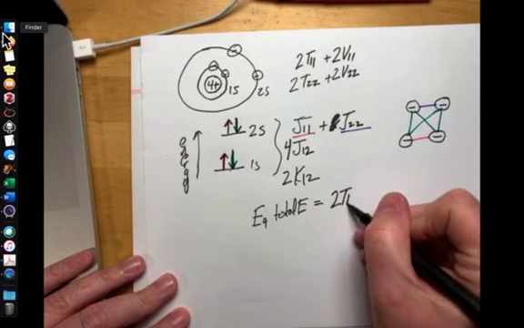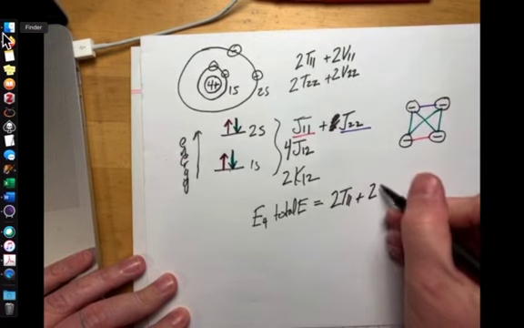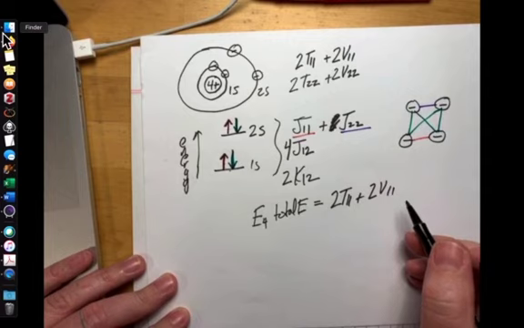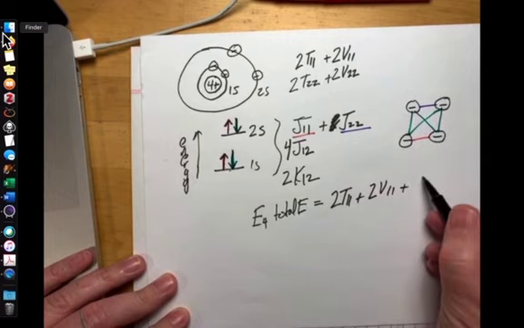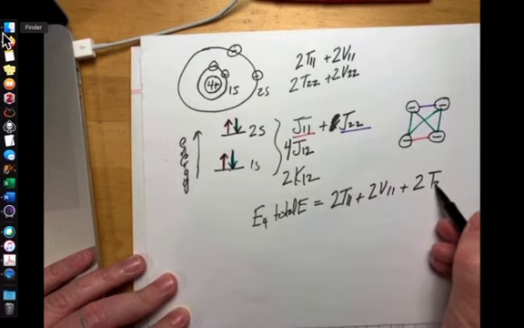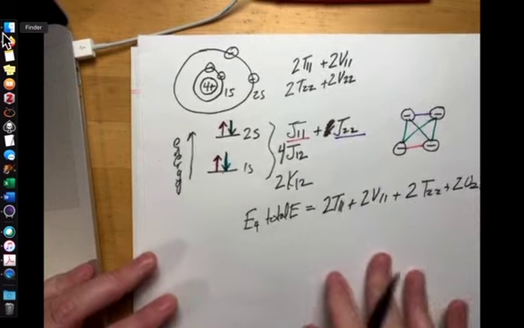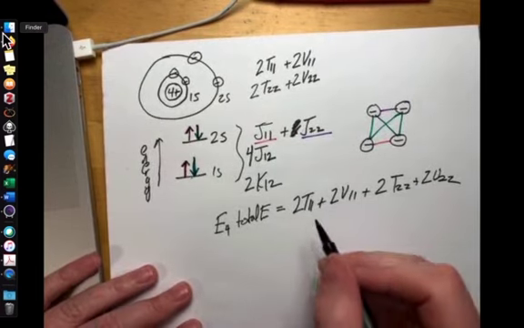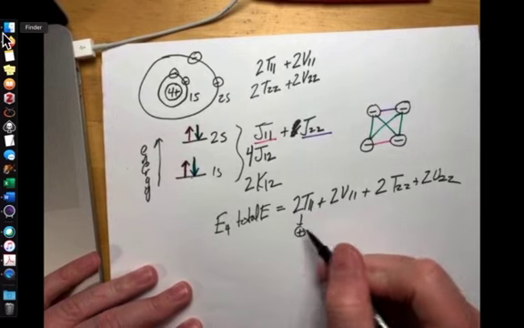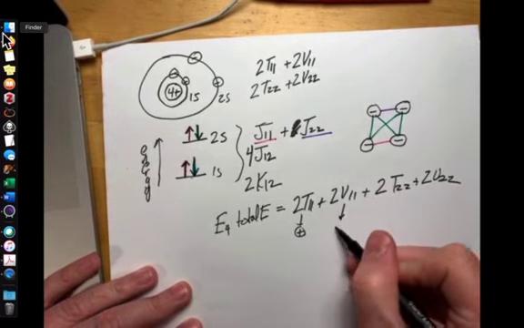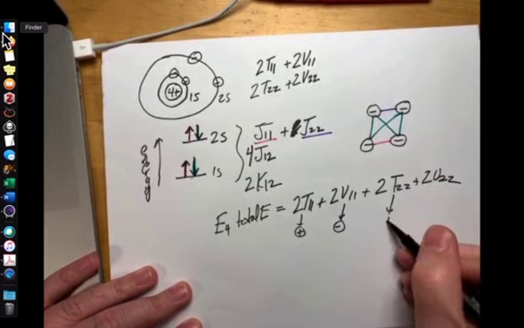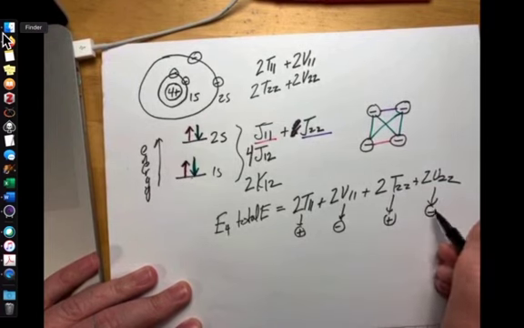So 2T11 plus 2V11 plus 2T22 plus 2V22. So this is always positive. This is always negative. This is always positive. This is always negative.